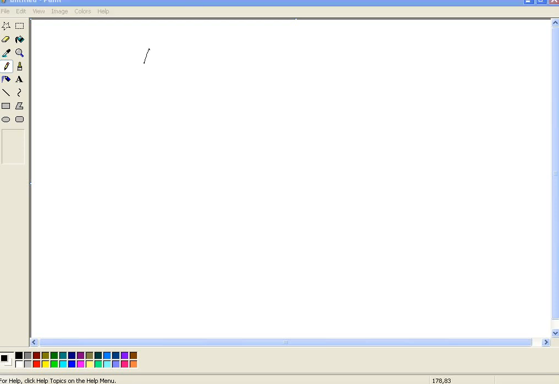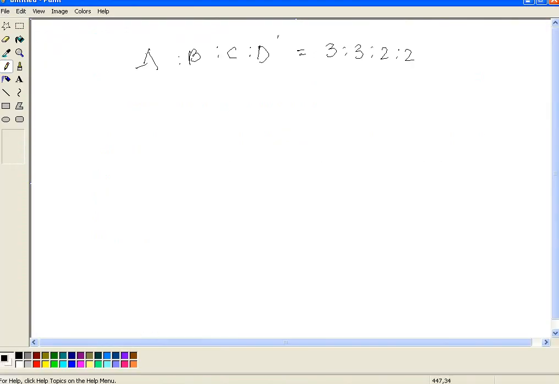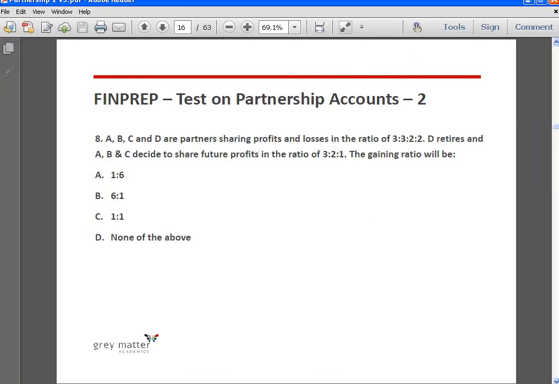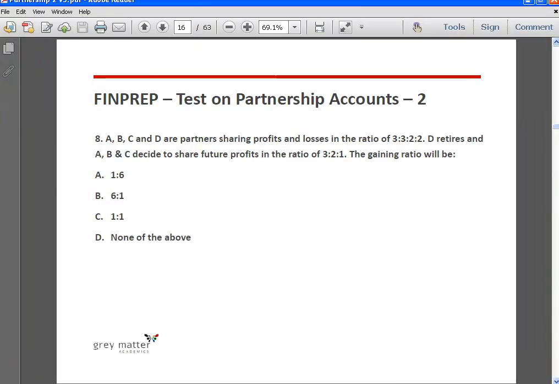A is to B is to C is to D is equal to 3:3:2:2, right? Then D retires, and A, B and C decide to share future profits in the ratio of 3:2:1. So A is to B is to C is equal to 3:2:1. What will be the gaining ratio?